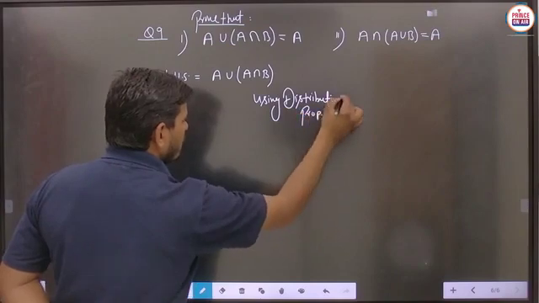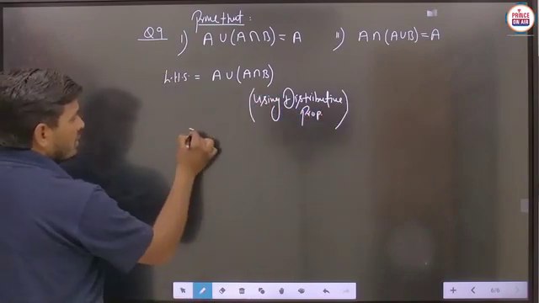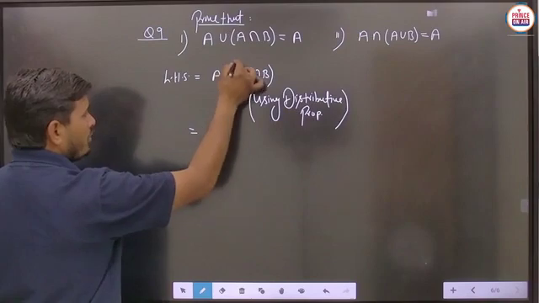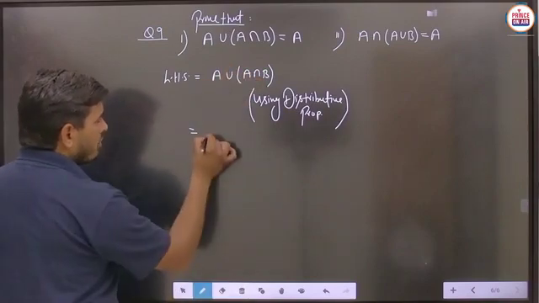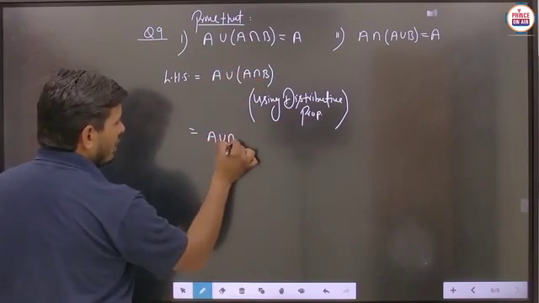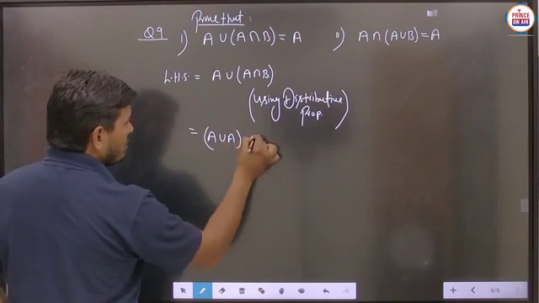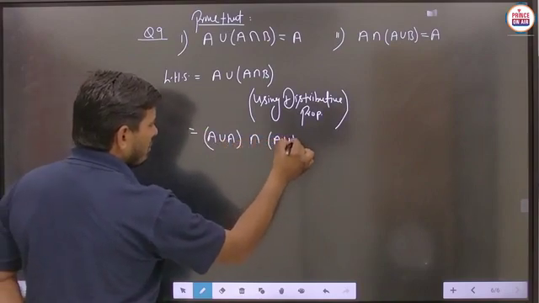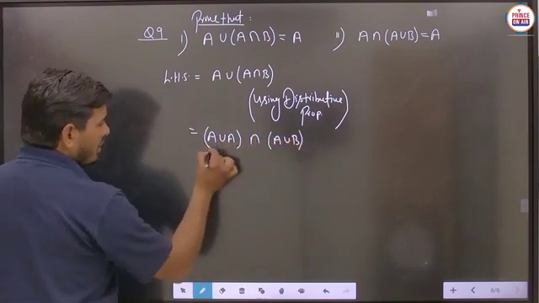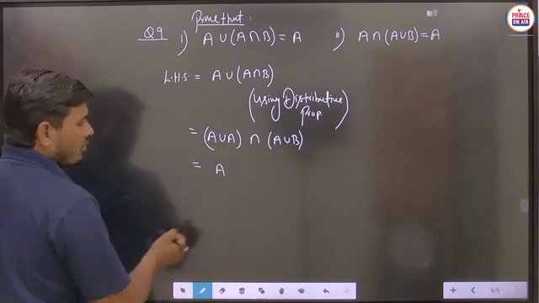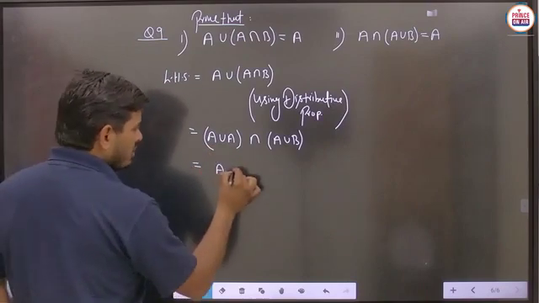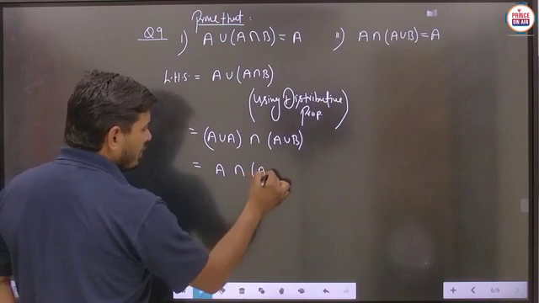So we will use the distributive property. Basically student, this union gets distributed over this intersection. So you can write here A union A, and here you can say intersection A union B. Now student, A union A is what? Definitely A union A is always found to be A, and this is intersection of A union B.